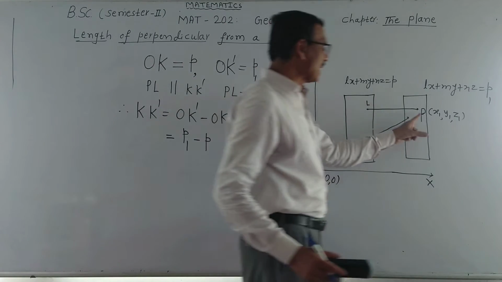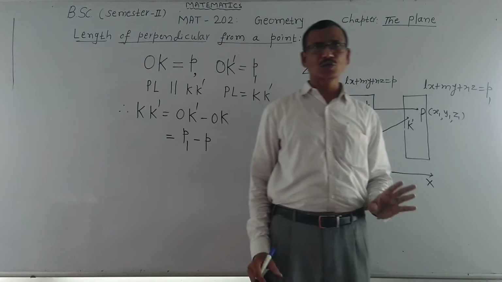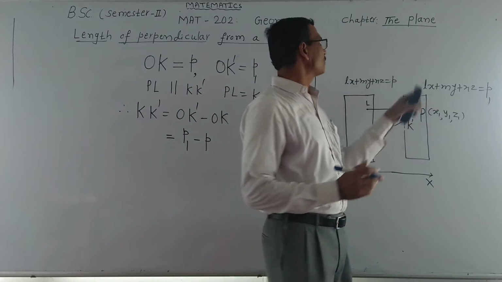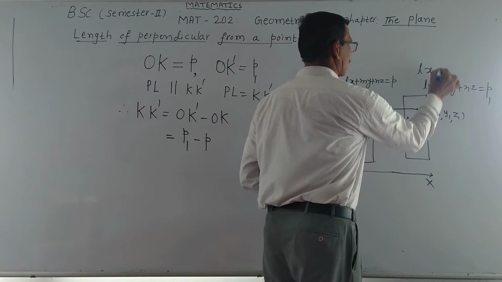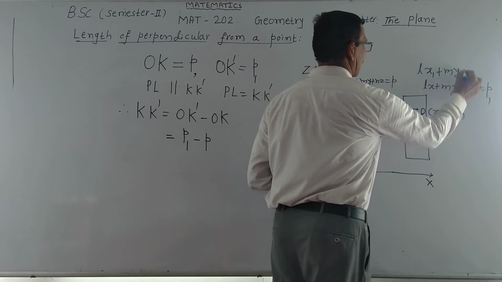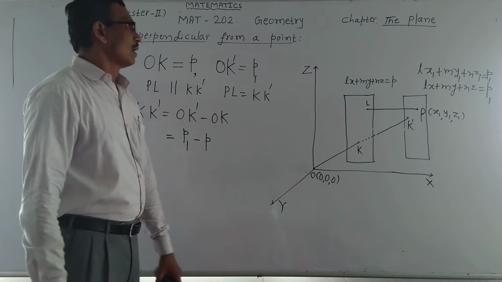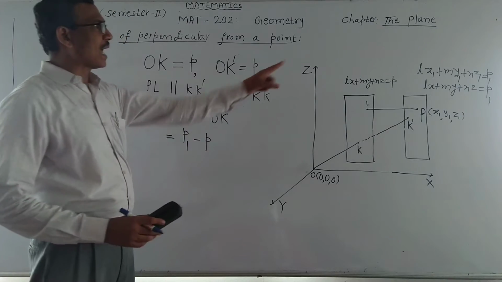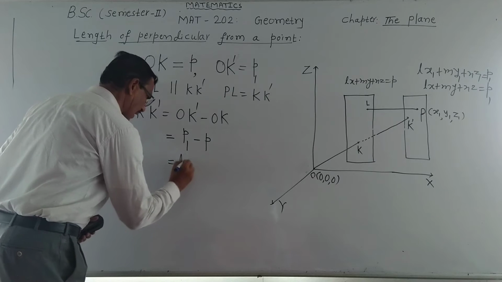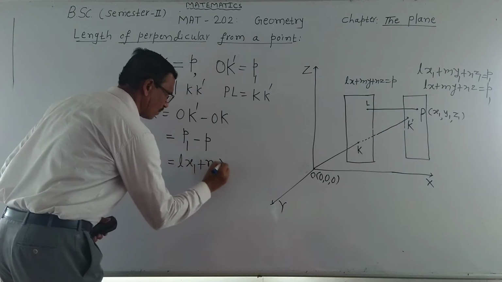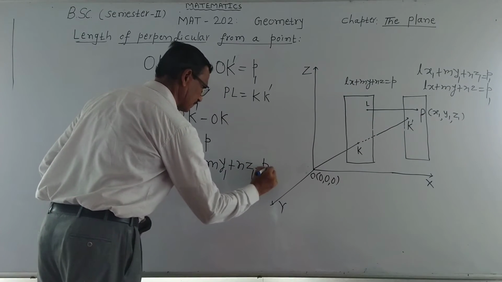But the point P, x1, y1, z1, lies on the plane Lx plus My plus Nz is equal to p1. As the point P lies on this plane, we must have L x1 plus M y1 plus N z1 is equal to p1. Therefore, putting the value of p1 as Lx1 plus My1 plus Nz1, we take this as Lx1 plus My1 plus Nz1 minus p.